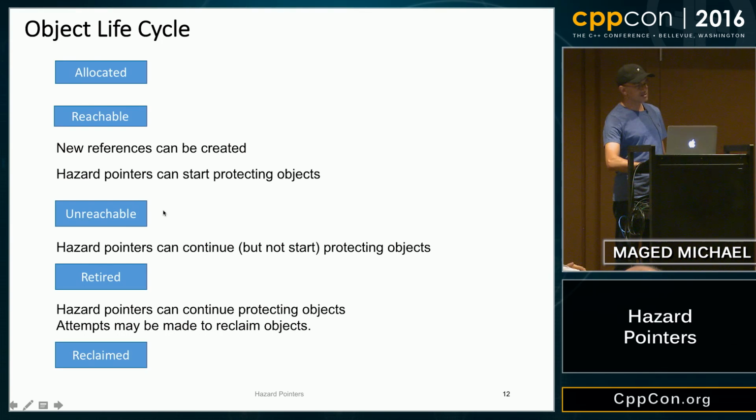Once some thread makes the object unreachable, so that no new reference can be created, hazard pointers can continue to protect the object, but you cannot start a new protection. And once it's retired, you can still continue to protect it from being reclaimed, but there might also be attempts to reclaim it, and they will succeed or fail depending on whether there are references to the object. Once you reclaim it, you can reallocate it if you want.